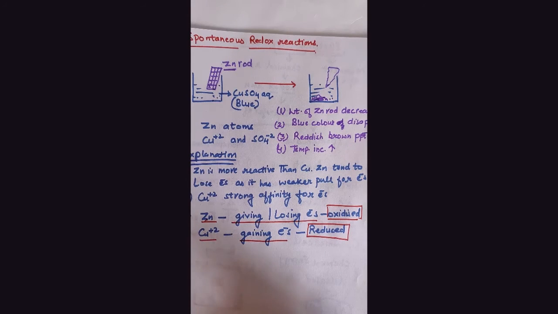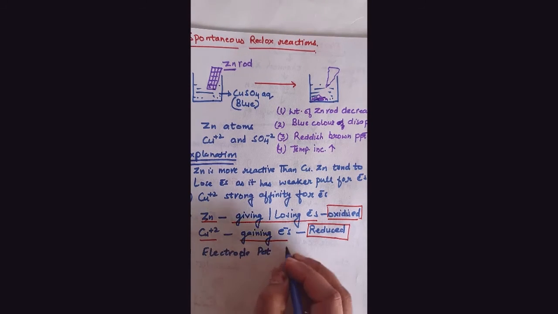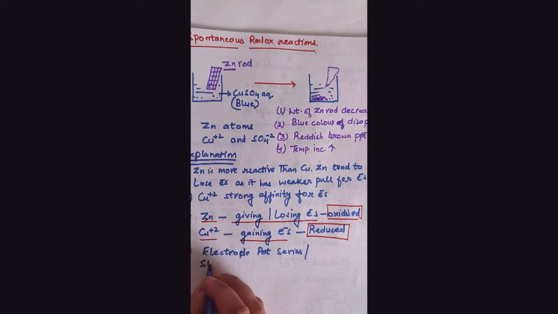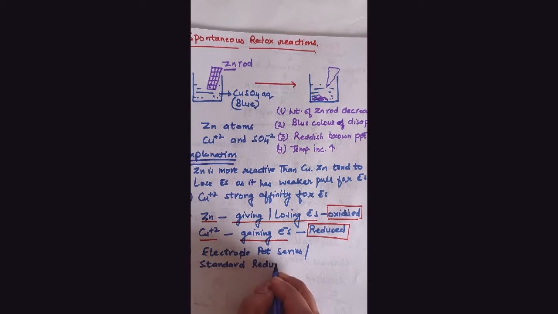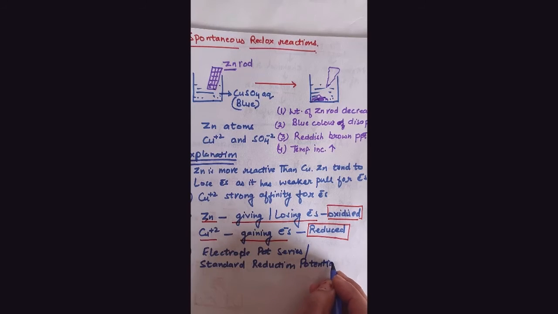This is because we have a chart called the electrode potential series, or the standard reduction potential series, which we will do afterwards.